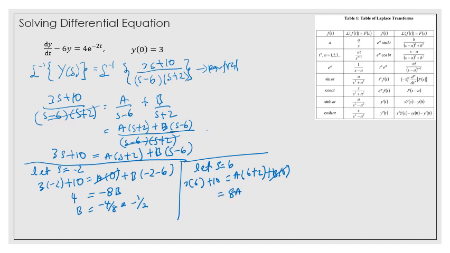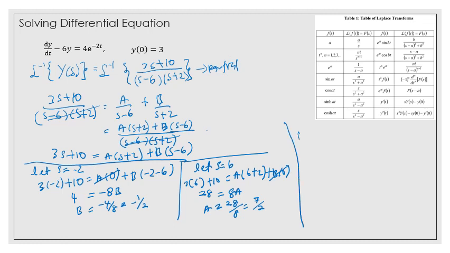On the left, 6 multiplied by 3 is 18, plus 10, we get 28. So A equal to 28 over 8, we get 7/2.